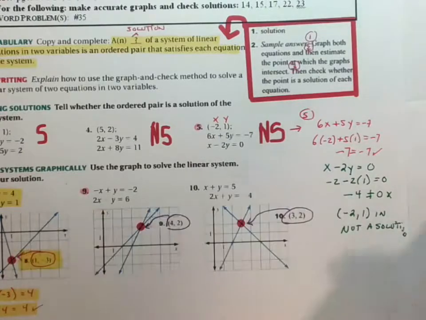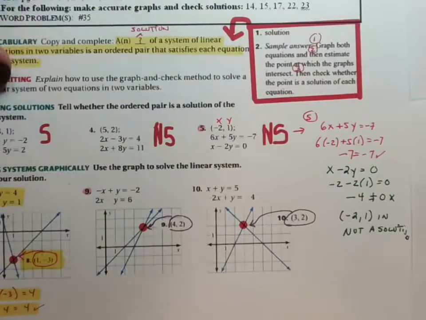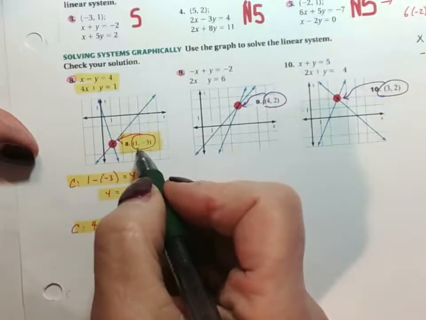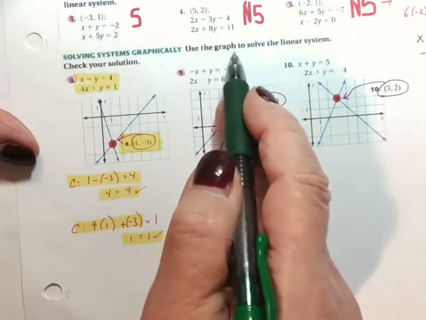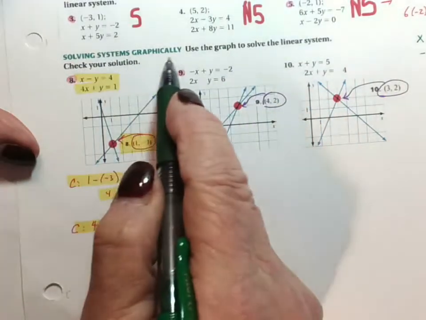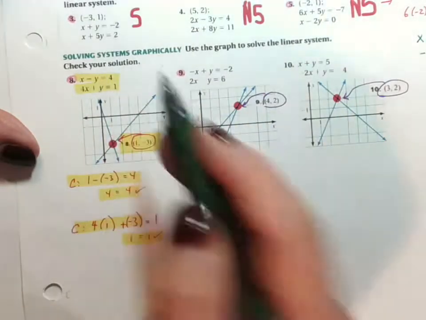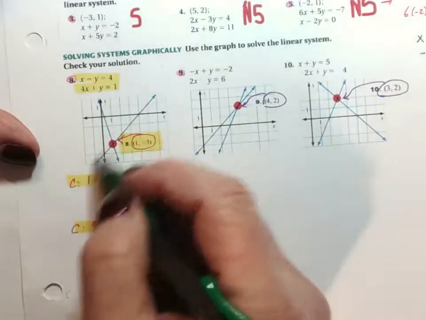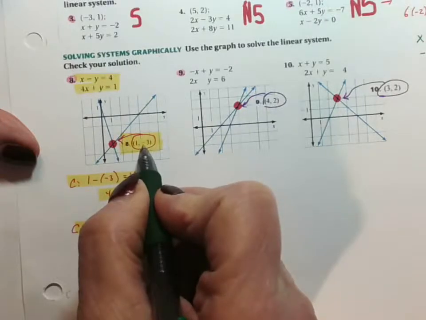For numbers 8 and 9, it says solve the system graphically using the graph to solve the linear system. Check your solution. So for number 8, here's the graph, and the solution is 1, negative 3.